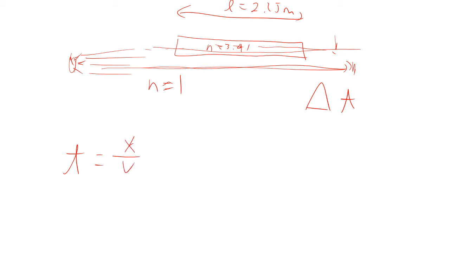And so the time here, we'll call this one and call that two going through the material. T1 is just going to be the distance it travels divided by the speed of light. T2 is going to be the distance traveled divided by the speed of light in the material.